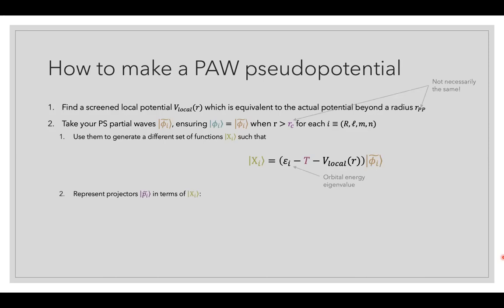You find what your projectors are in terms of those new functions, and you'll end up finding that you'll need the inverse of an operator P. You use that fact as well as the orthogonality condition between the two in order to define your operator P as the overlap between the pseudo partial waves and your functions here.